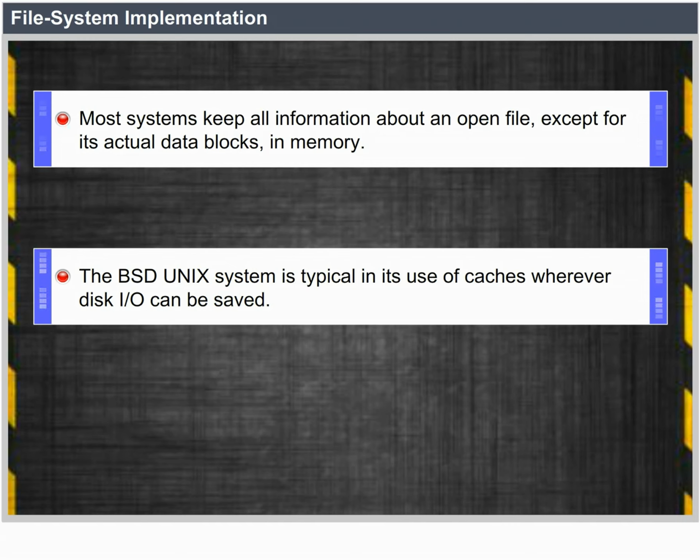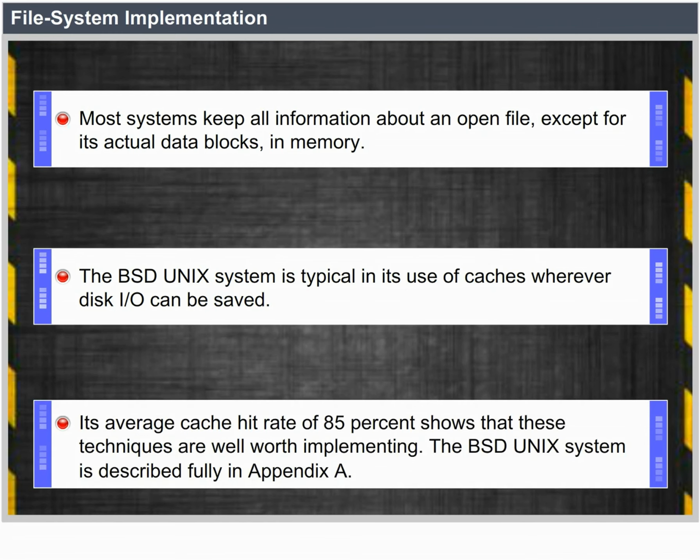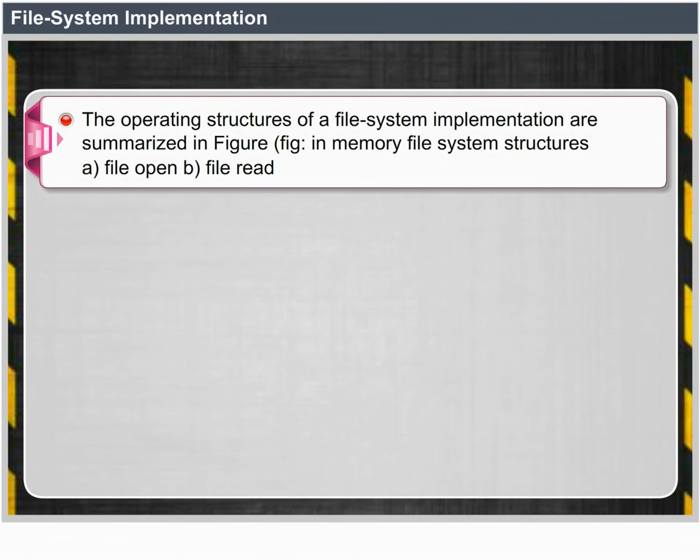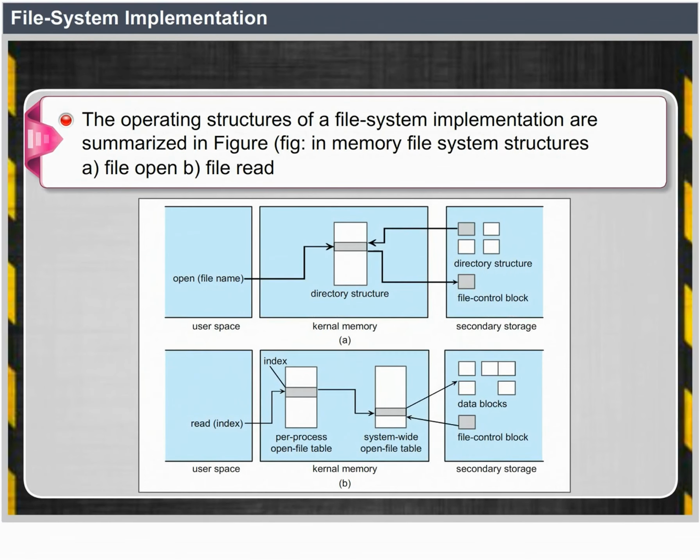Its average cache hit rate of 85 percent shows that these techniques are well worth implementing. The BSD Unix system is described fully in Appendix A. The operating structures of a file system implementation are summarized in the figure. Figure: in-memory file system structures. A. File open. B. File read.